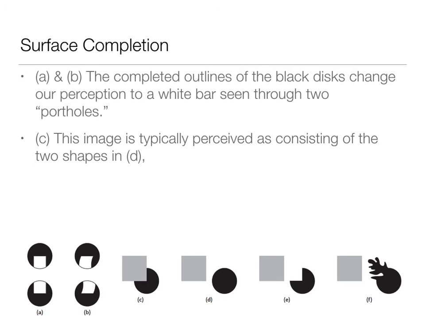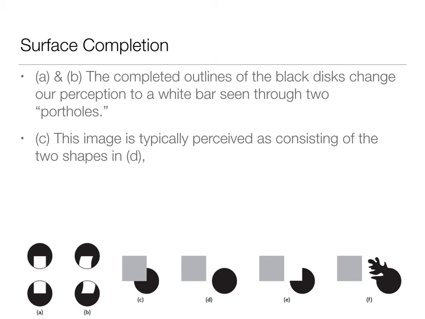And in image C, we typically perceive this as a box on top of a circle. Again, we don't see it as an E, a box on top of a Pac-Man shape. We see it as D, two separate things. We complete these surfaces even though they're not there.